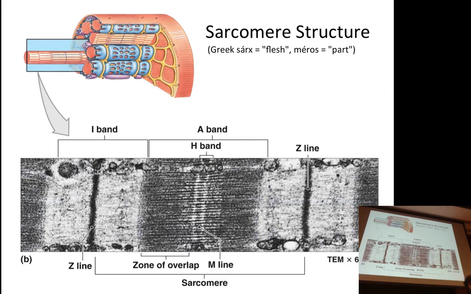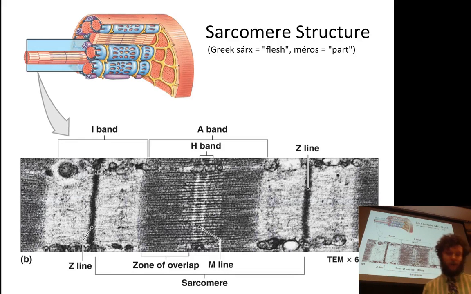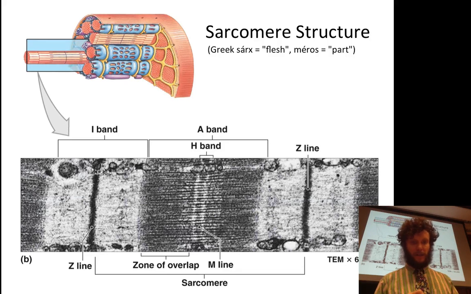This was a designation given by microscopists before we actually understood the molecular biology of a sarcomere. Running down the middle of the I band is the Z line, called a Z line for Zusammen. It's just a zigzag line, so that'll help you remember. We'll see in the cartoon it really does look zigzaggy.